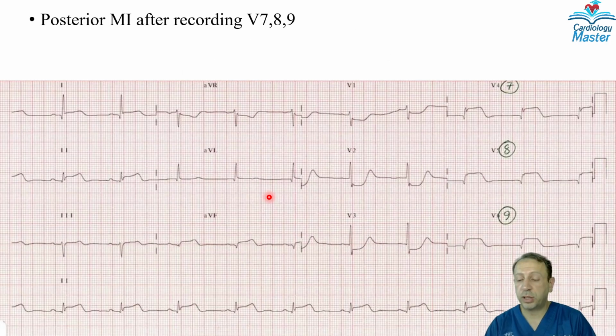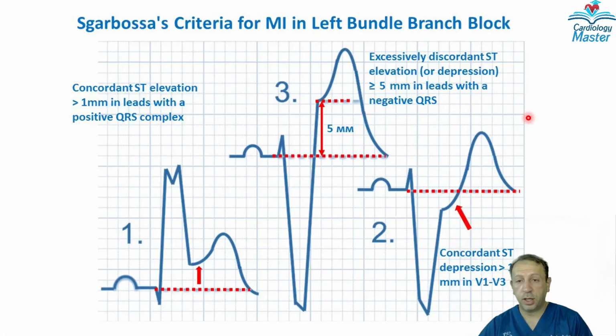What will I get? This is the same ECG with an element of inferior ST elevation, horizontal ST depression, and tall R waves taller than the S waves, but with ST elevation in V7, V8, and V9. You can see the ST elevation here.